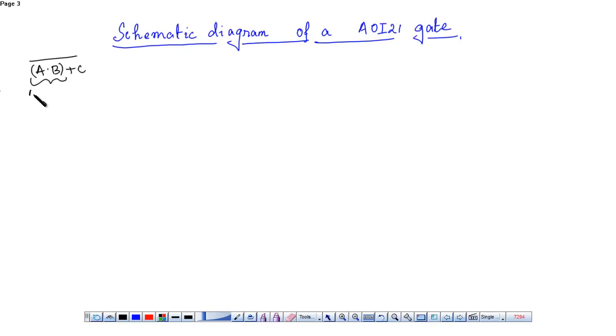For this portion, the NMOS is in series and the PMOS is in parallel. For plus C, NMOS is in parallel and PMOS is in series.